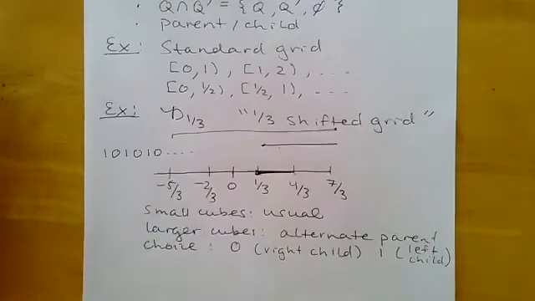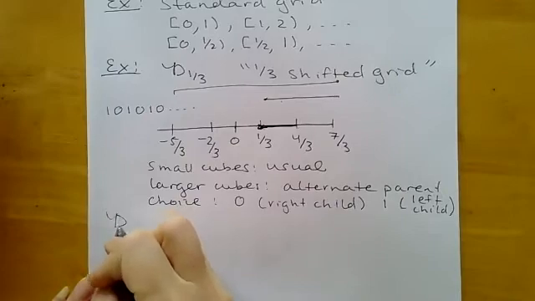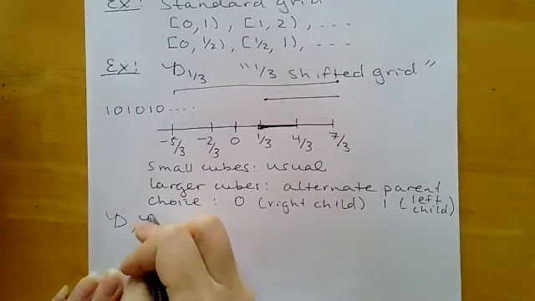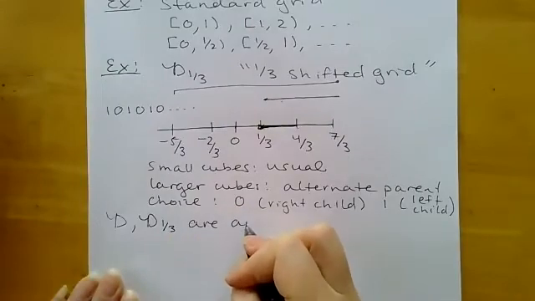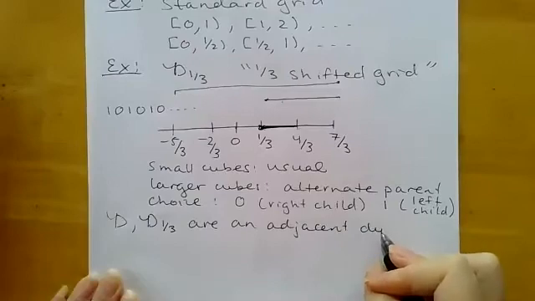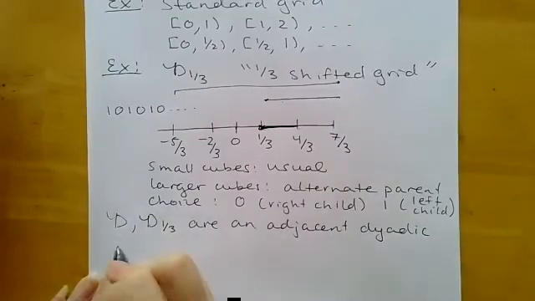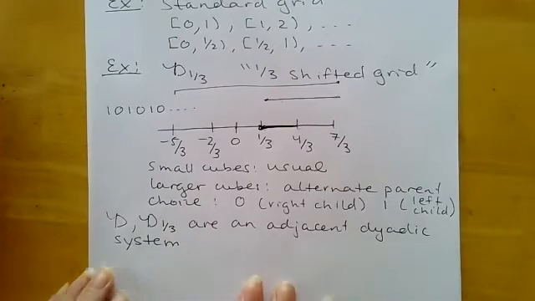And indeed, when you combine these 2 grids, you get something very special. So D and D 1/3 are an adjacent dyadic system. And what that means is that you have this feature of never having these points becoming stuck and never being interior.